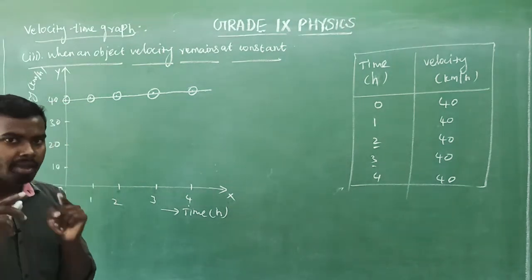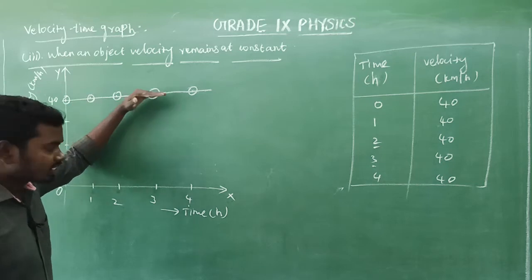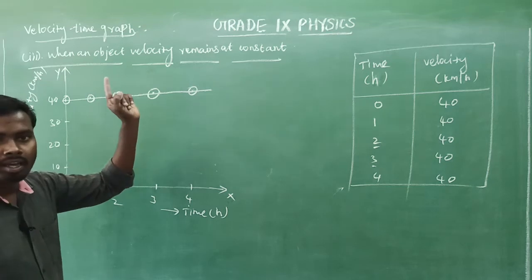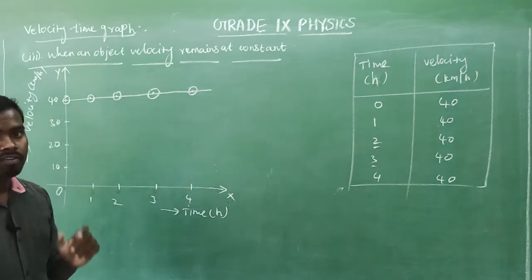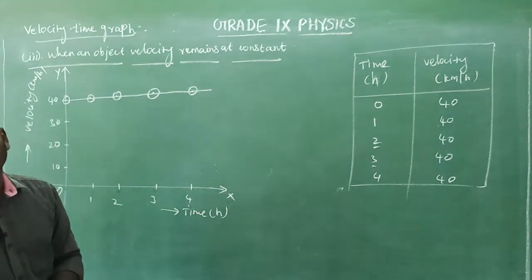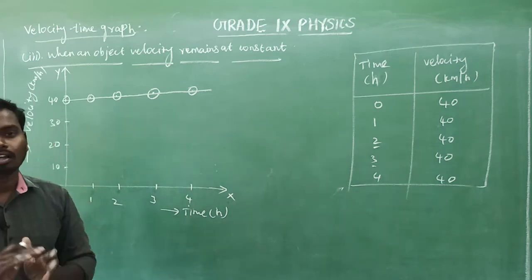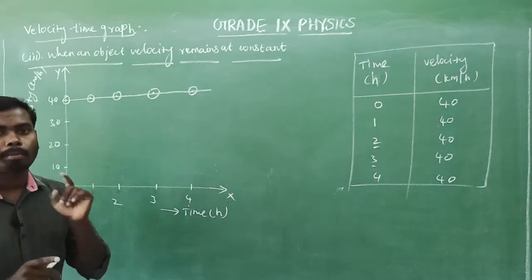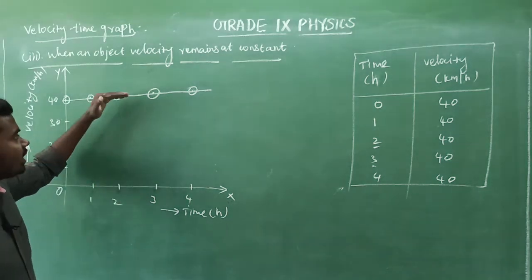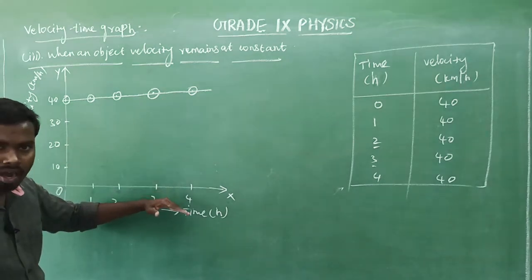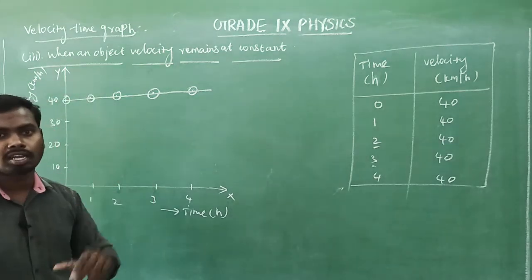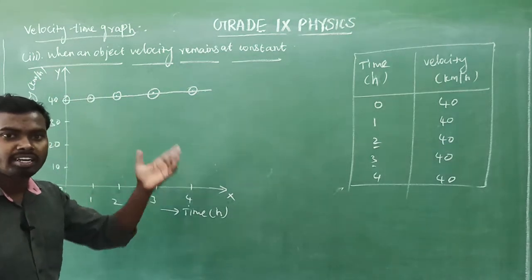Come to the conclusion. Whenever in a velocity time graph the straight line is parallel to the time axis or x-axis, we can say the velocity of the object remains constant, or otherwise we can say the speed of the object remains constant. Very, very important, one-more question.